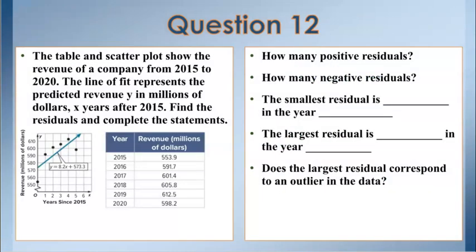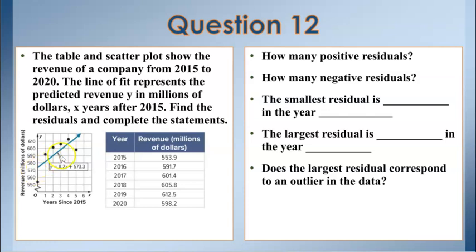And our last question, question 12. The table and scatter plot show the revenue of a company from 2015 to 2020. The line of fit represents the predicted revenue Y in millions of dollars X years after 2015. Find the residuals and complete the statements. Now again, a residual is the distance from the predicted to the actual.